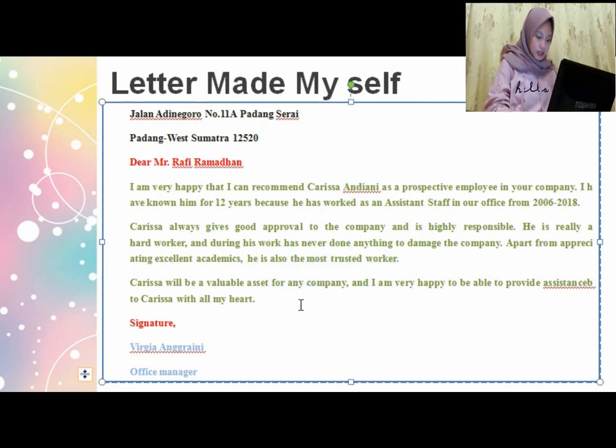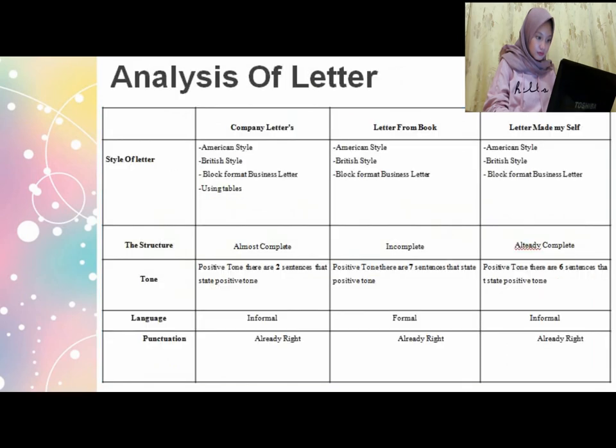Next, language. The letter here contains informal language, such as standard and casual words, and the punctuation of the letter made by myself is already right.